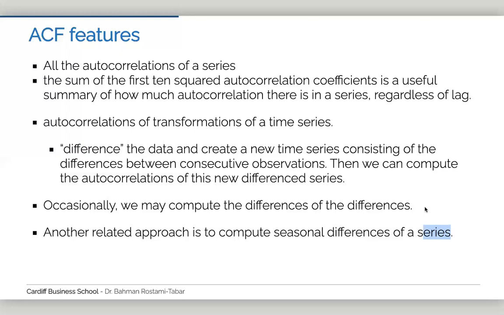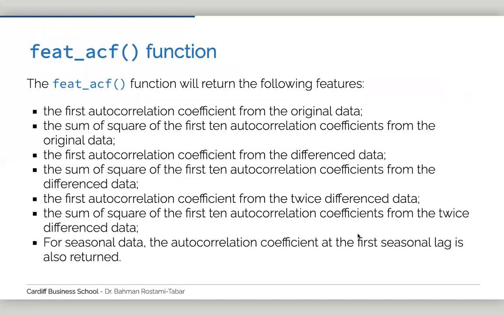But if you do the seasonal differencing, we look at the changes over the year. So if I have a monthly time series and I do a seasonal differencing, I calculate the difference between January and the previous January, February and the previous February, March and the previous March, and so on. Again, this is something we can calculate, and we can calculate its autocorrelation as well.